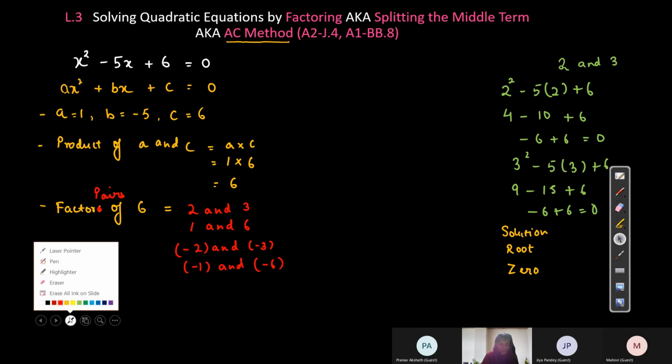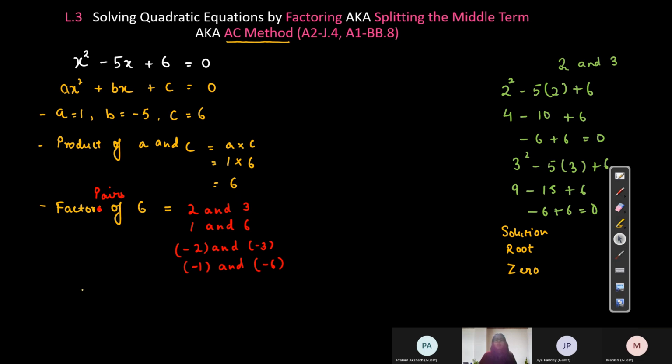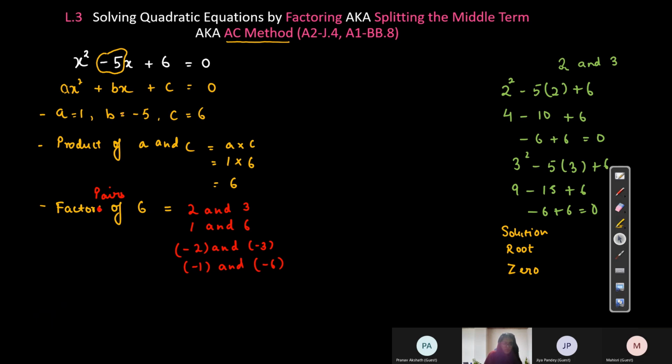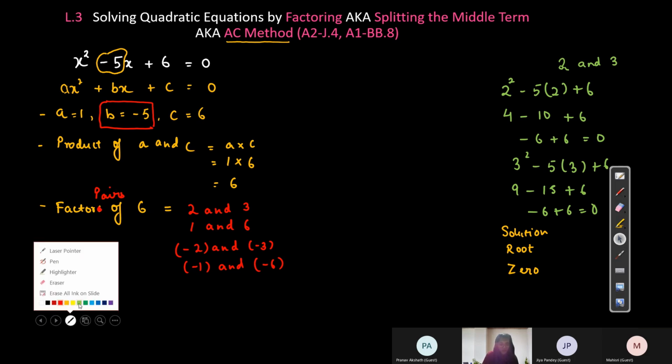Now the next step is we will pick that factor pair which will add up to negative 5, which will give us the value of b. What do I mean by that?